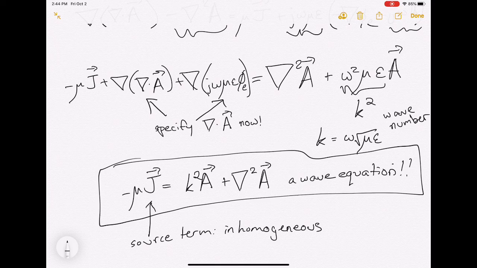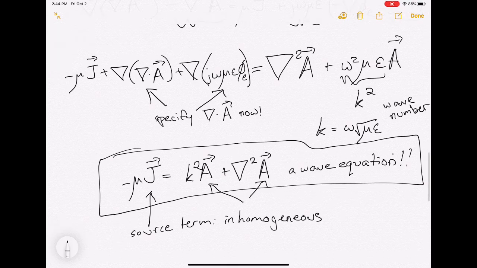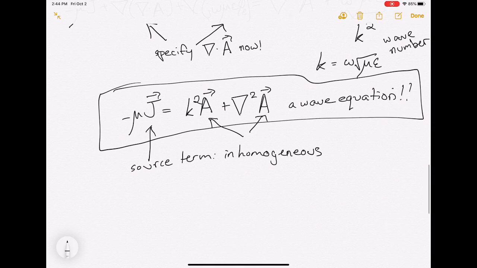But the nice thing is that now our magnetic vector potential depends in a simple way on the current. In fact, I'm not going to actually derive this for you, but I'm going to tell you what the solution for this equation is. If you want to know how to solve equations like this, take your differential equations course.